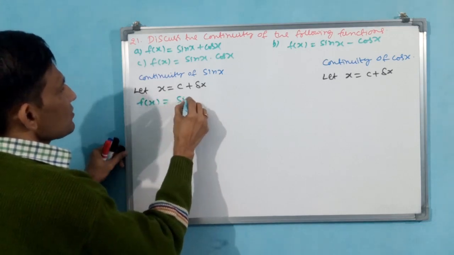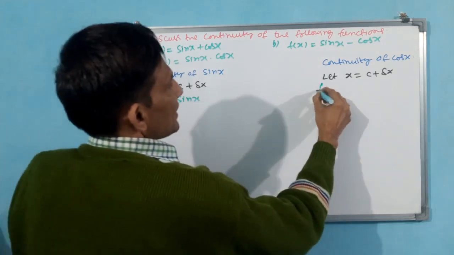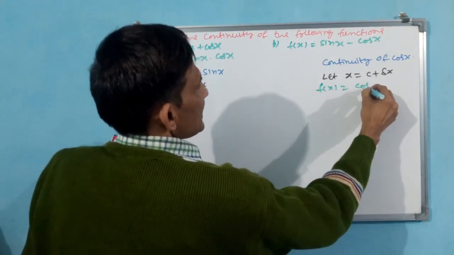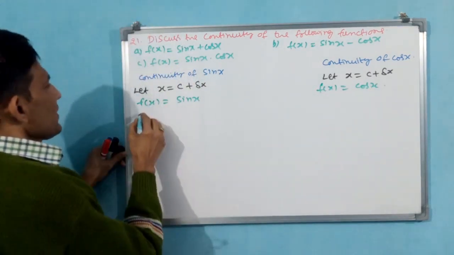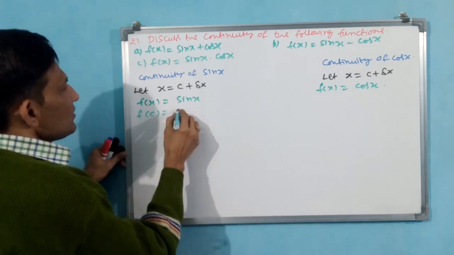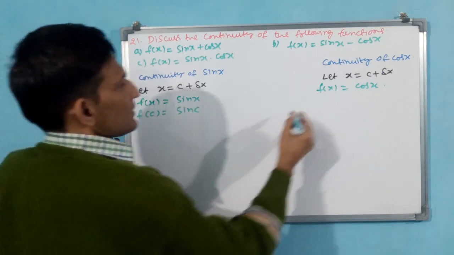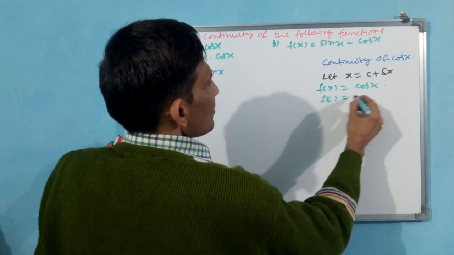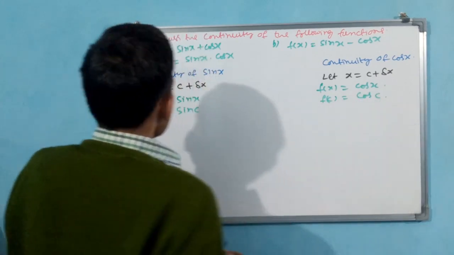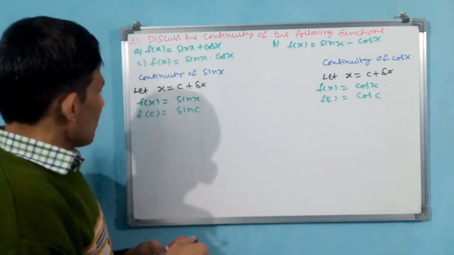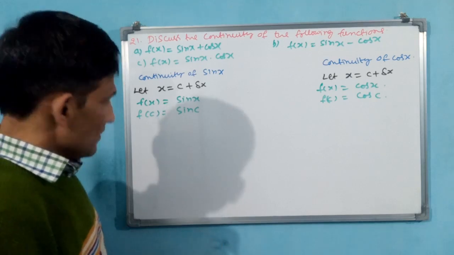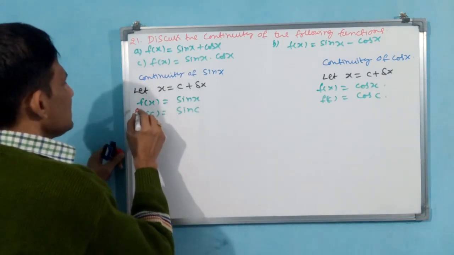f of x is equal to sin x. f of c is equal to sin c. This I am making one box. Why, I will tell afterwards.